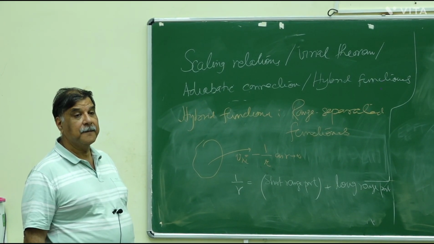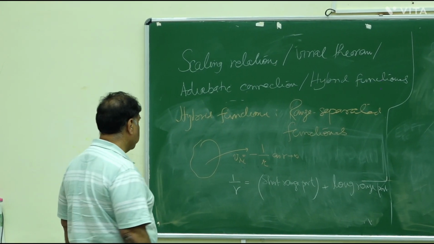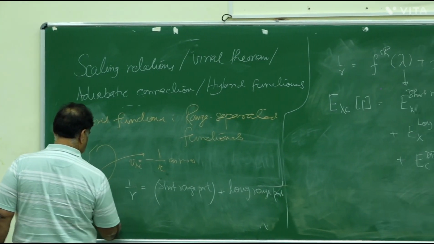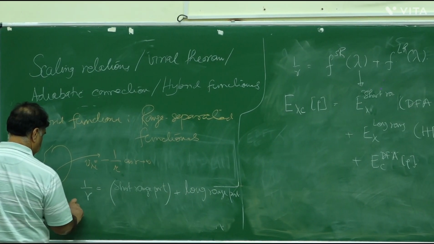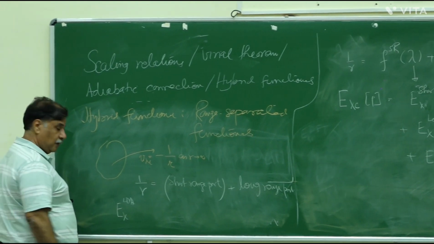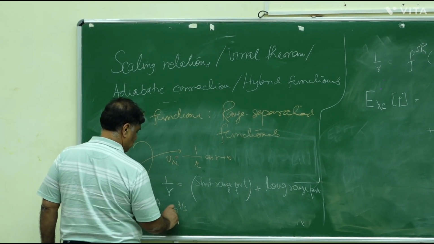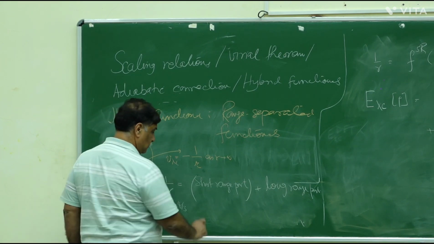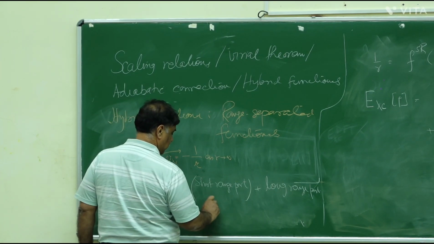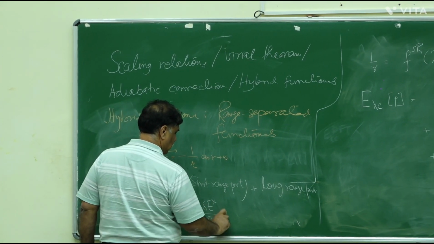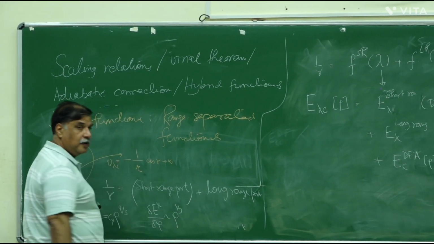What exactly do you mean by not correct? Okay, so suppose I take E_X LDA, right? And this is rho raised to 4/3. Delta E_X by delta rho is rho raised to 1/3.